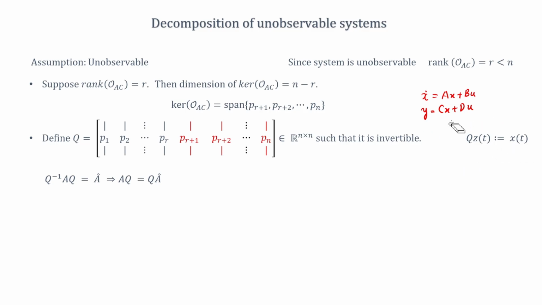Now we will try to find out what this matrix would be, and to find that out we can write Q inverse AQ to be equal to A hat, and then AQ must be equal to Q A hat. Now we will try to find out what is the structure of A hat.